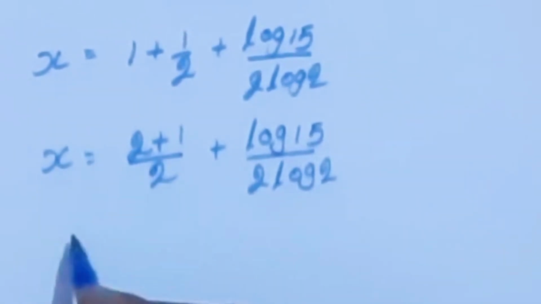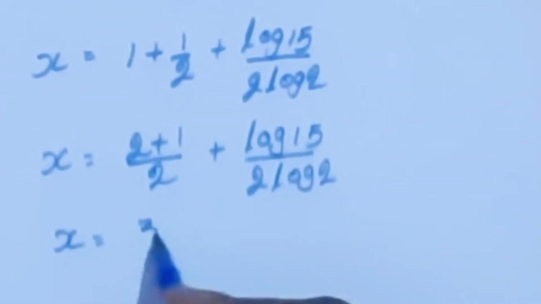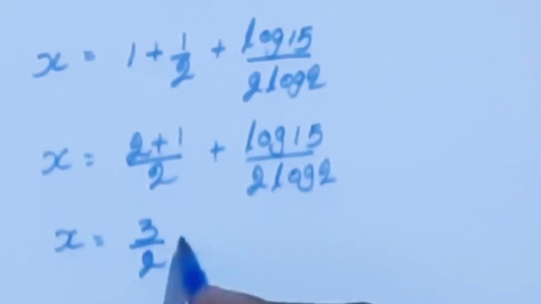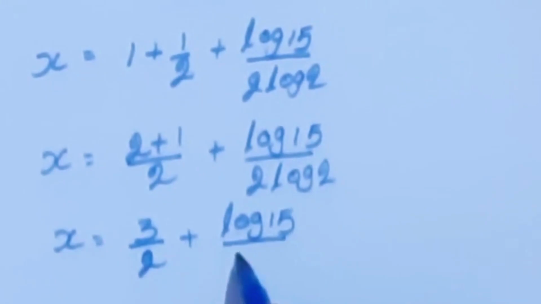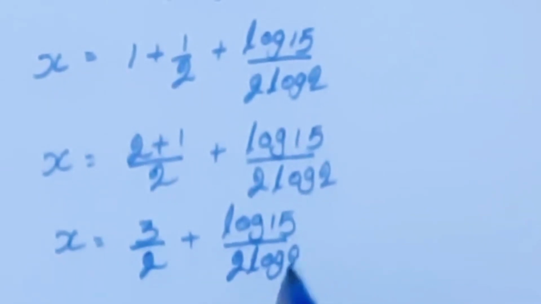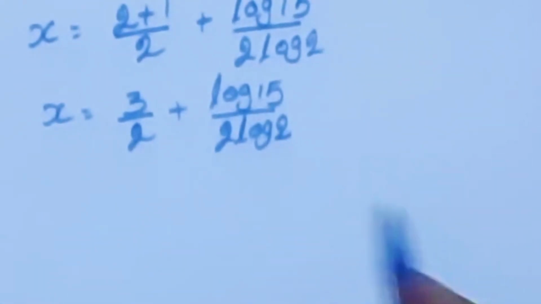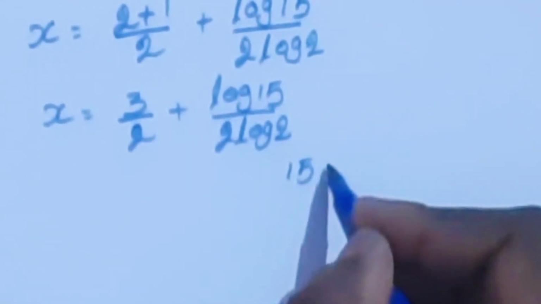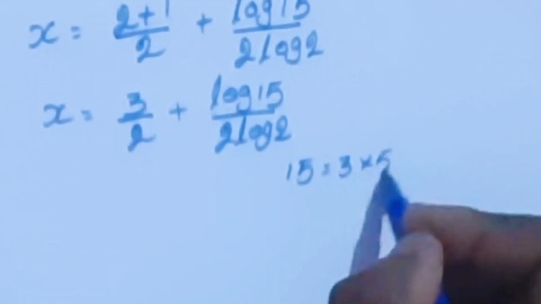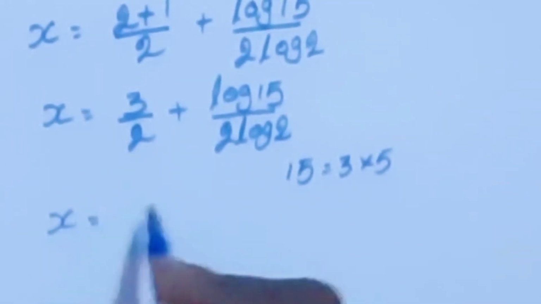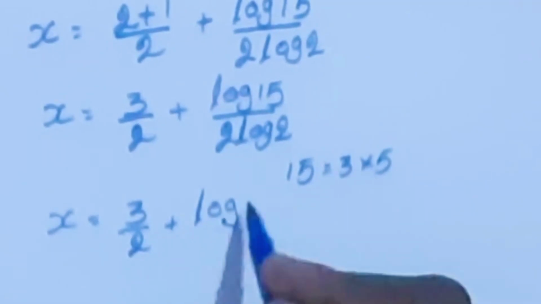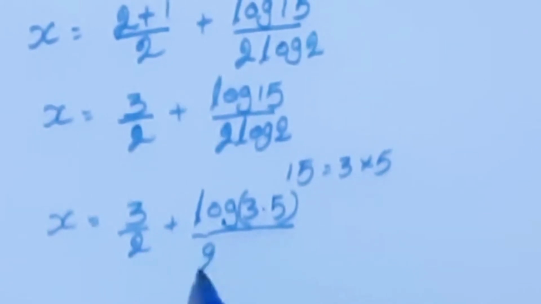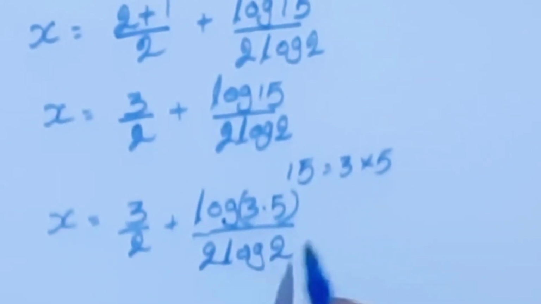Now this is x equal to 3 by 2 plus log 15 by 2 log 2. Now this 15 can be written as 3 times 5. So x equal to 3 by 2 plus log 3 times 5 by 2 log 2.